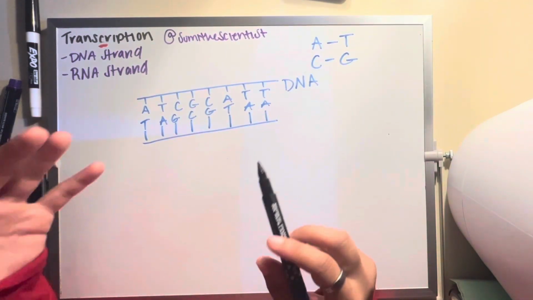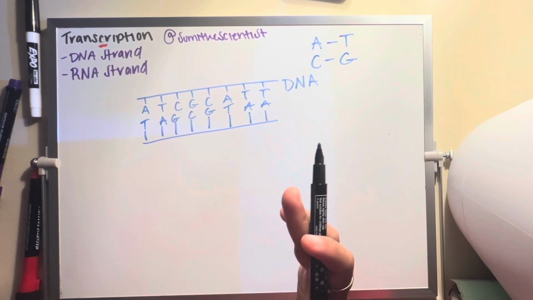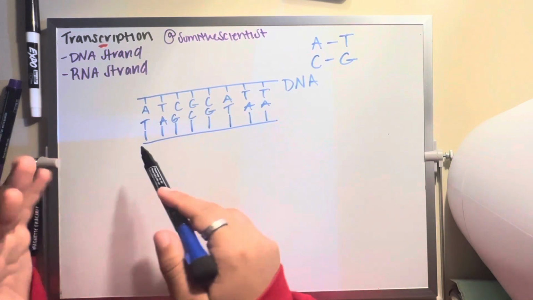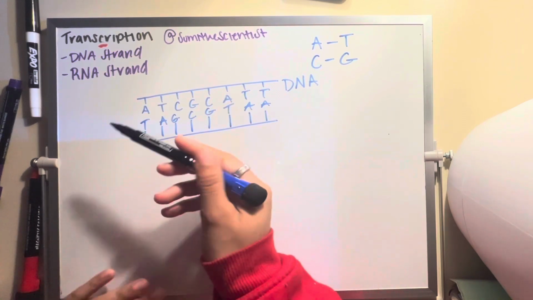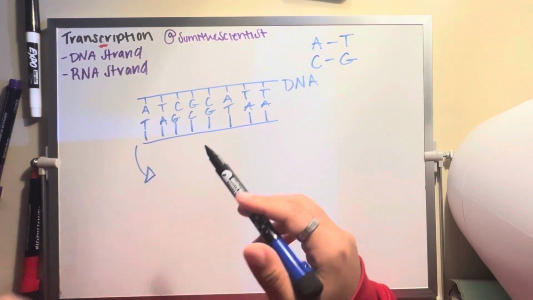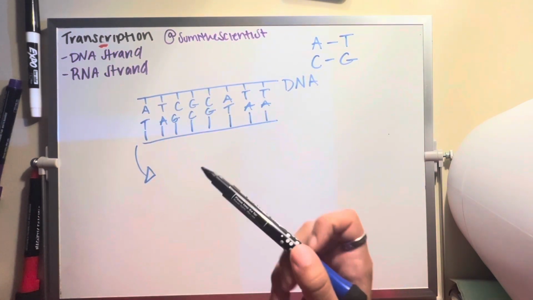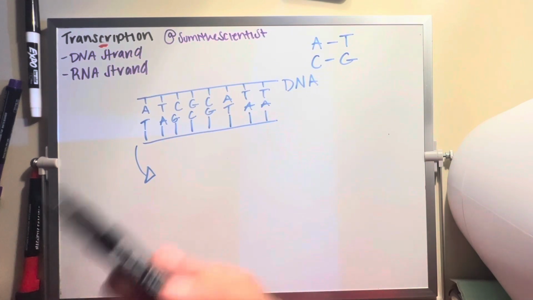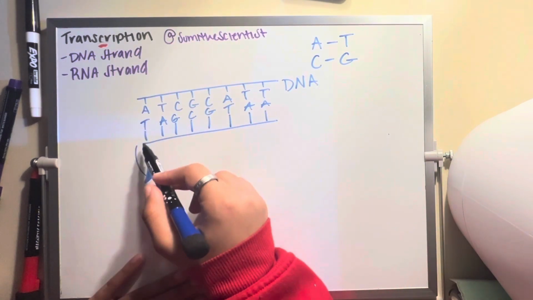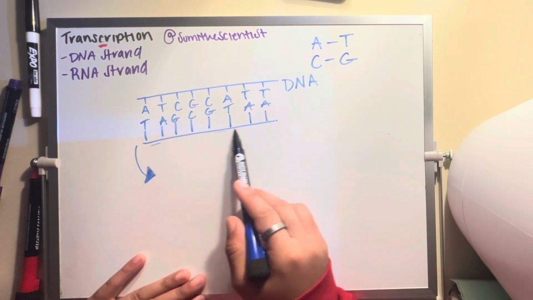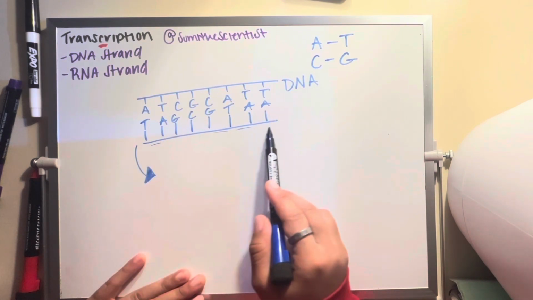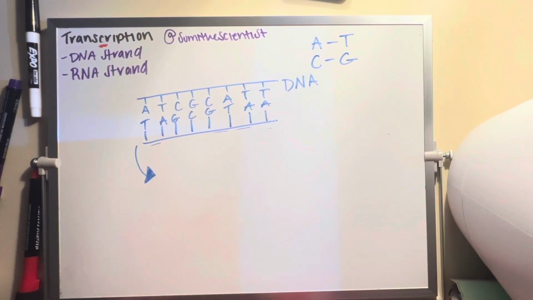Now, when we're talking about transcription, we are taking this bottom strand of DNA, okay? I'm not going to go into deep details about it. I just want you to understand what is happening. We are going to create an mRNA strand based off of this strand here, okay?